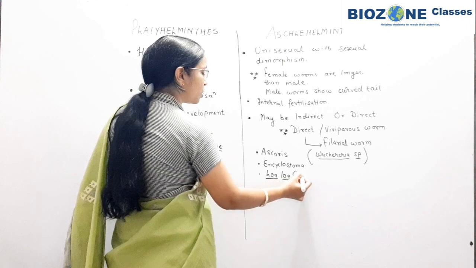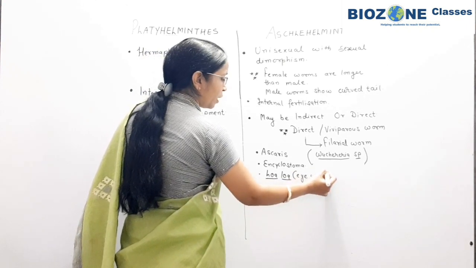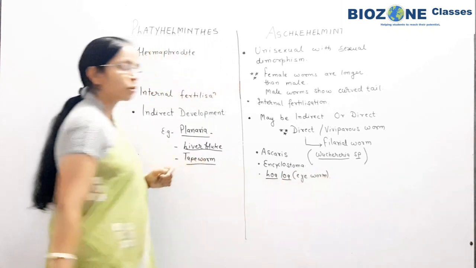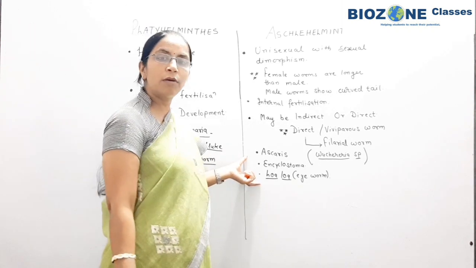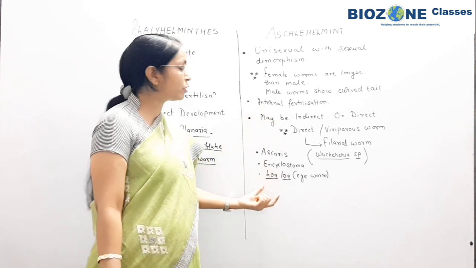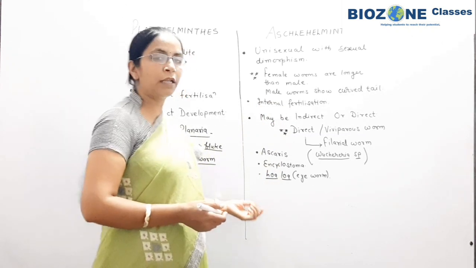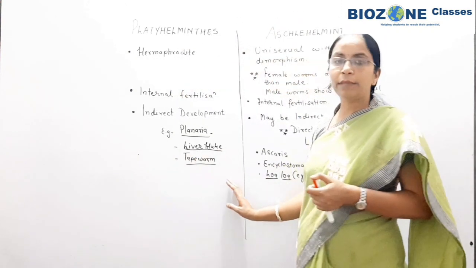This is one of the common eyeworms, which causes infections in the eye. So Loa is an eyeworm. A number of important worms are there which directly or indirectly interfere with human health. So this is all you remember for Platyhelminthes and Aschelminthes.